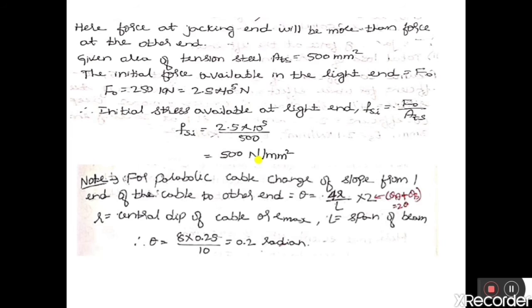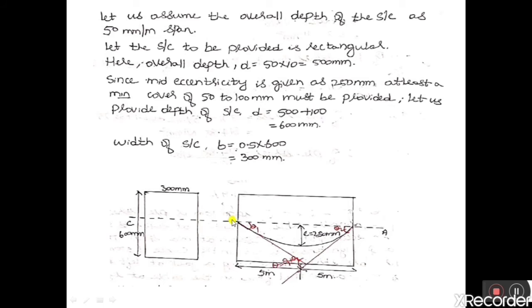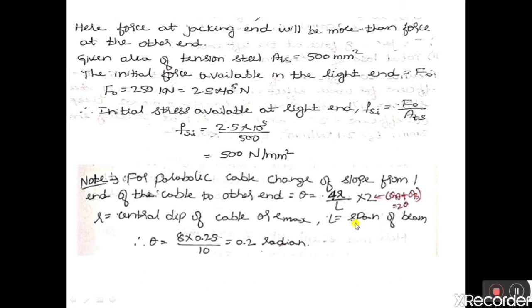Initial stress at right end is equal to 500 Newton per mm square. So here, first we should calculate what is the initial pre-stress applied at this jacking end. So we know the initial pre-stress at this end is 500 Newton per mm square.